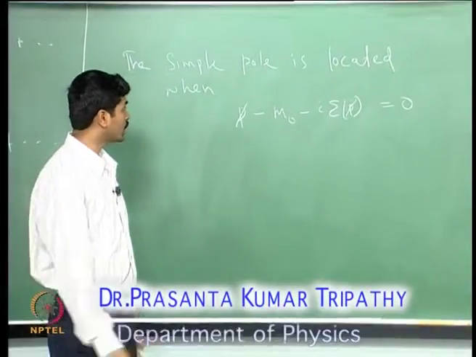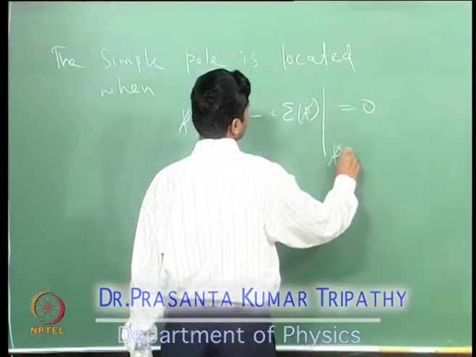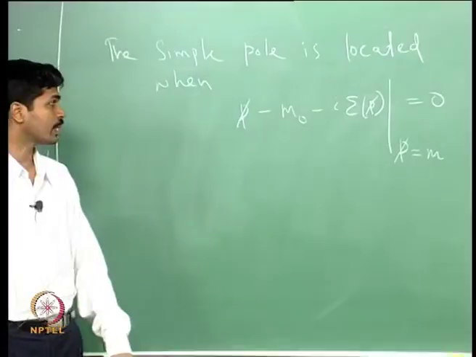We will denote the location to be m. So p slash equals m, the solution of this equation we will denote to be m.